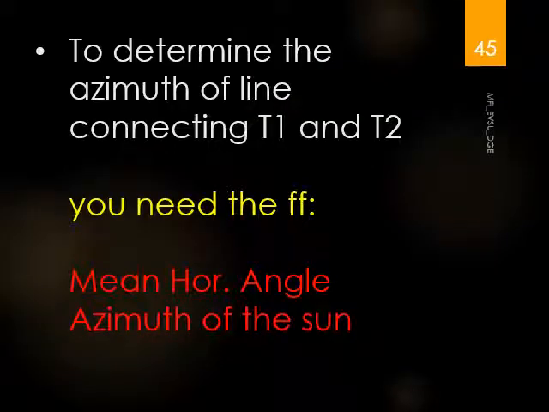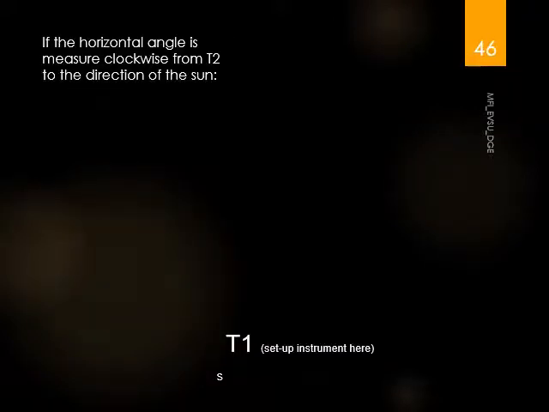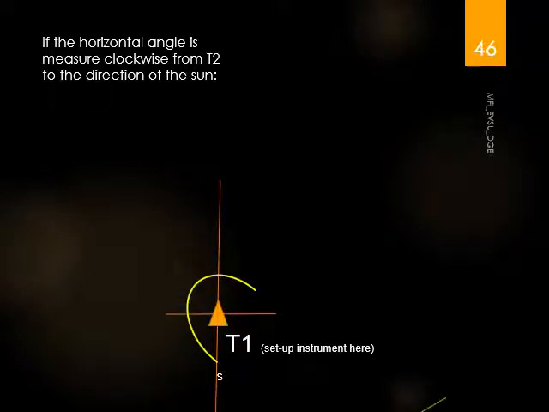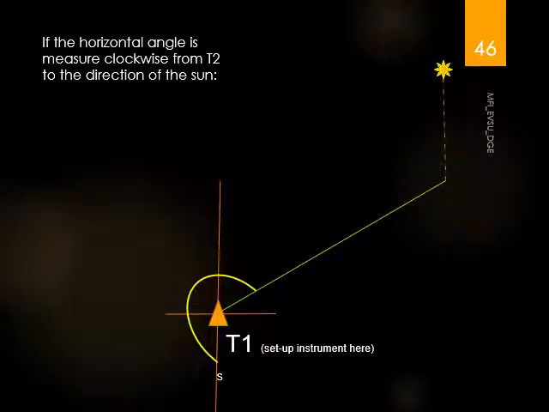Okay. So to determine the azimuth of the line connecting T1 and T2, you need the following. Kailangan natin yung ating mean horizontal angle. This is the average horizontal angle that we read for set 1 and set 2, and the azimuth of the sun. In computing the azimuth of the line, the horizontal angle is measured clockwise from T2. If this is T1, this is the direction, the azimuth of the sun from south, yung ating unang angle.